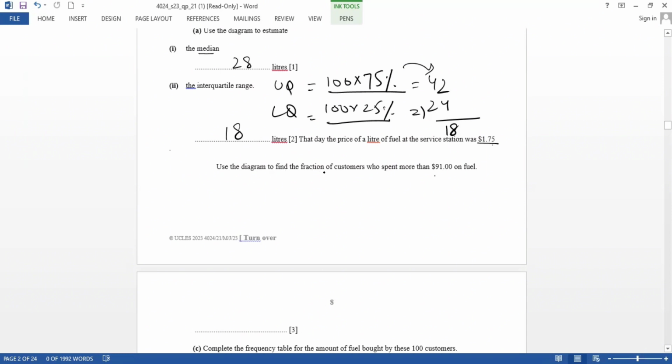Use the diagram to estimate the fraction of customers who spent more than 91 on the fuel.